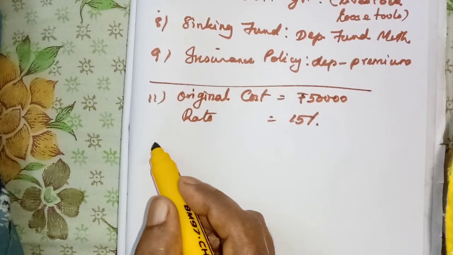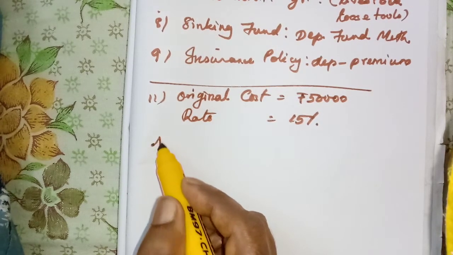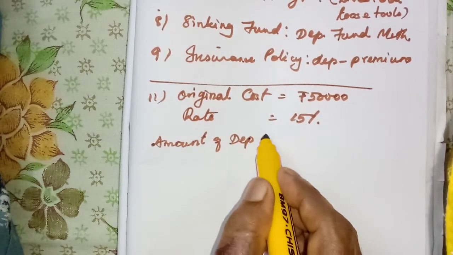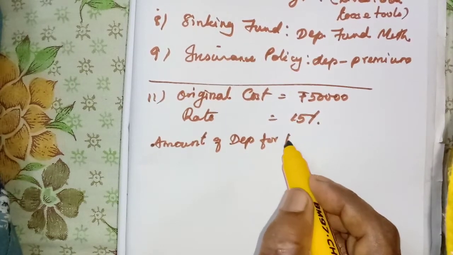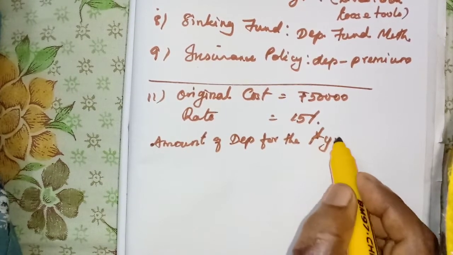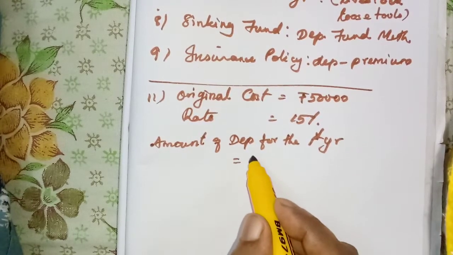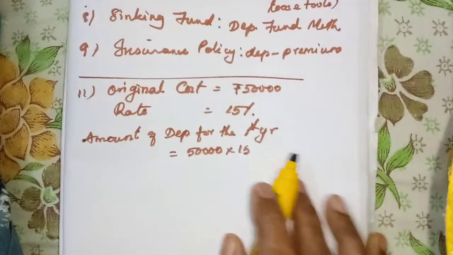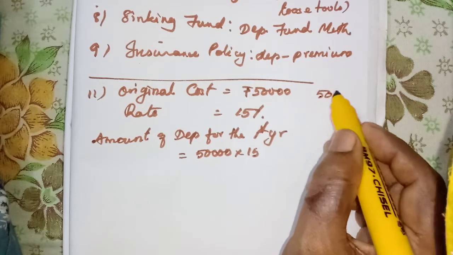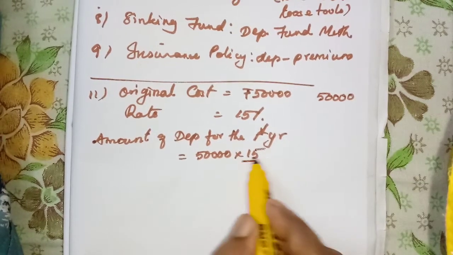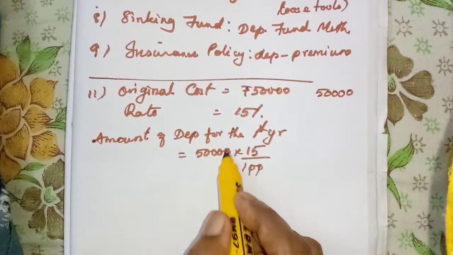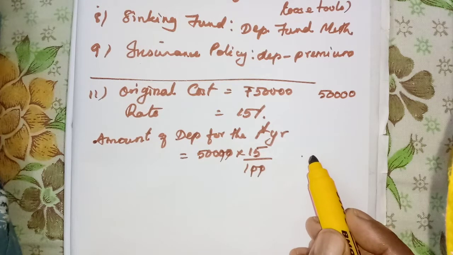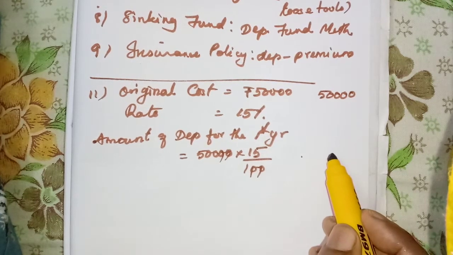So the amount of depreciation for the first year is equal to 50,000 into 15 by 100. 15 into 5 is 75, then 7,500.